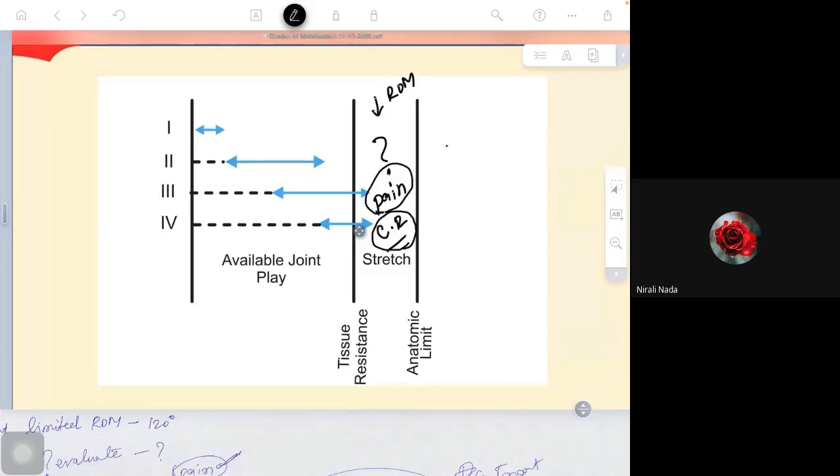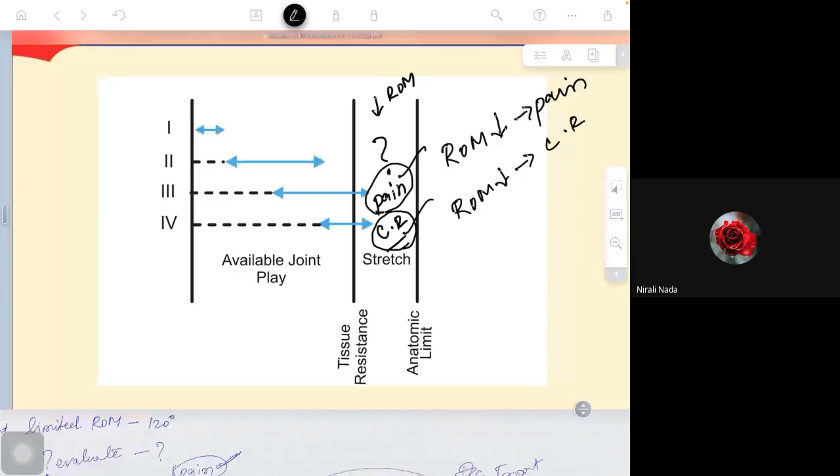If the range of motion is limited due to pain, then the dosage is different. If the range of motion is restricted due to capsular restriction, dosage is different. So how you will know which dosage you will apply? That is the purpose. You are identifying the cause of limited range of motion restriction.